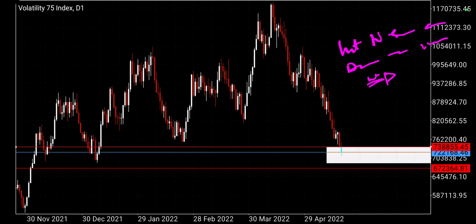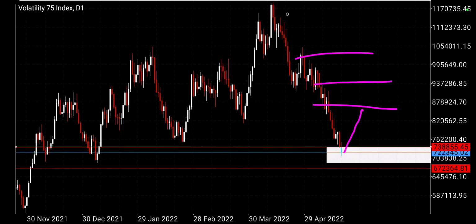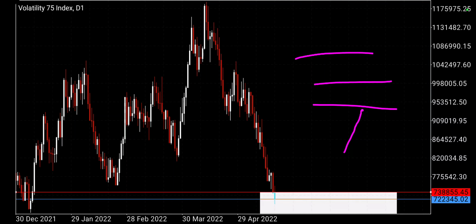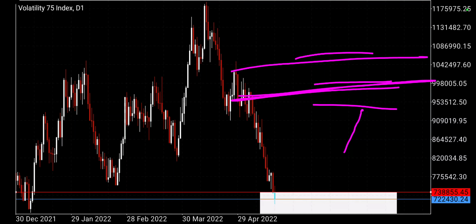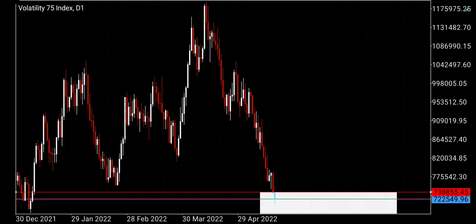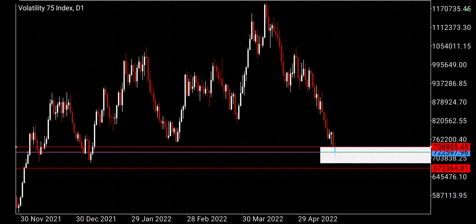So if we see signs of weakness, we are more than welcome to buy. If we are buying, we can go all the way and put our TPs until we hit that area we talked about, I think it's somewhere here, the one on weekly. So this is all that we have on daily. We've hit the daily support.